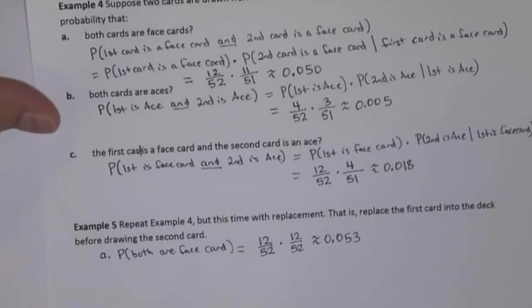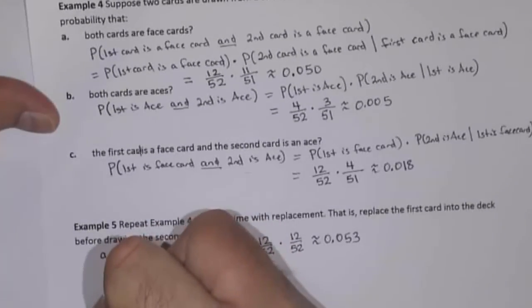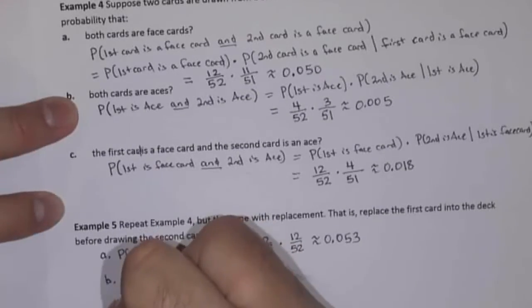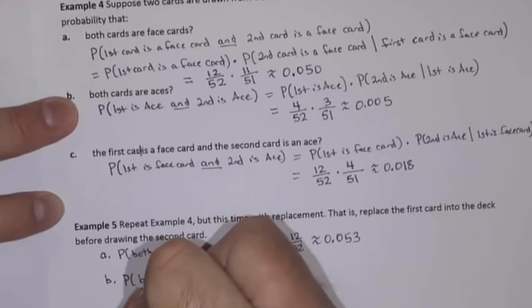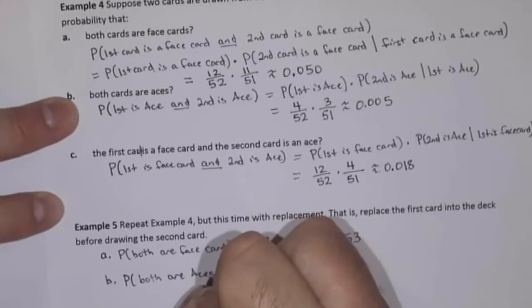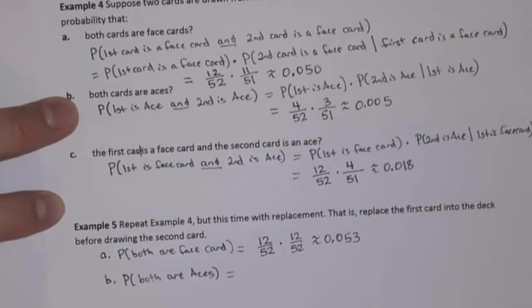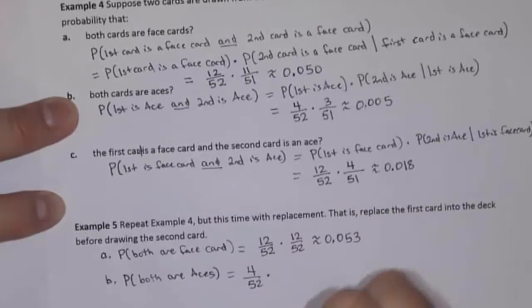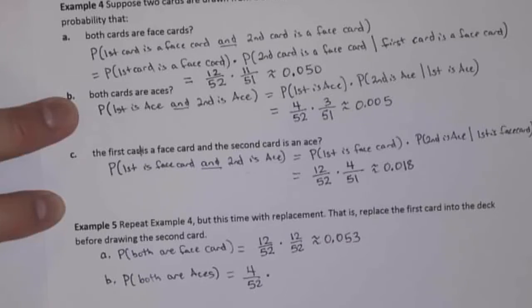For question B, same idea. What's the probability both cards are aces? So the probability that both are aces, well, that's going to be the probability that the first card's an ace, which is 4 out of 52, times the probability the second card is an ace.